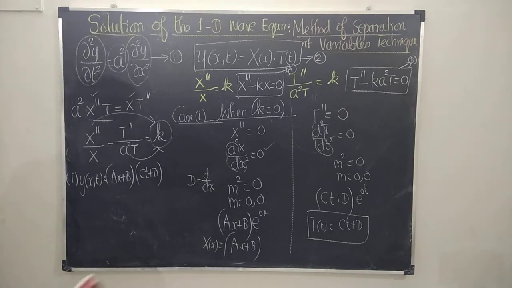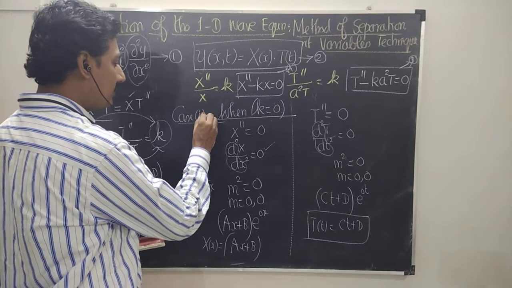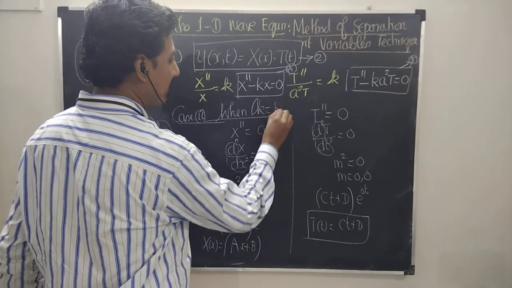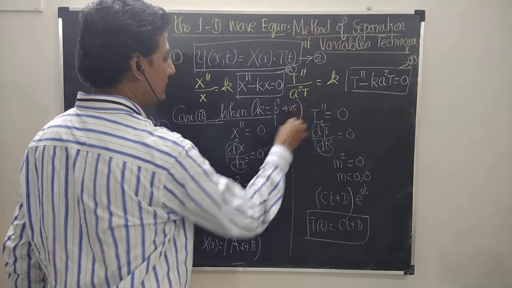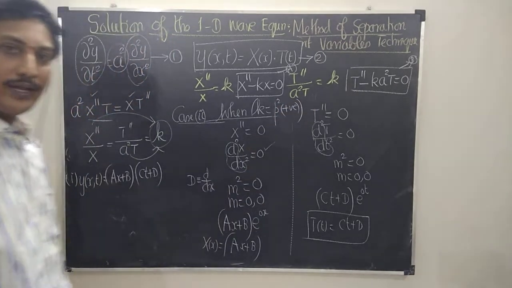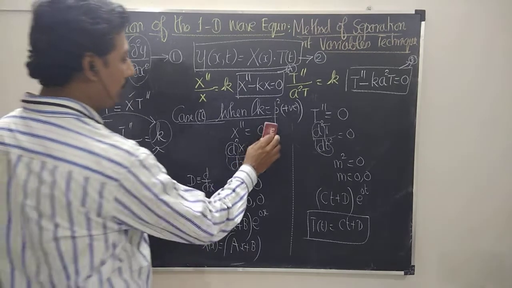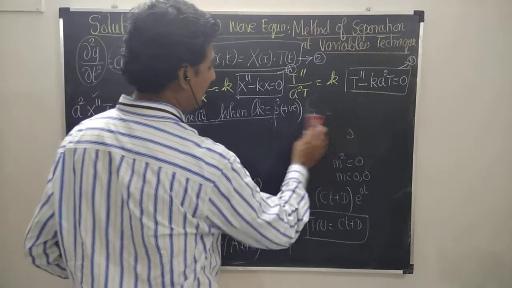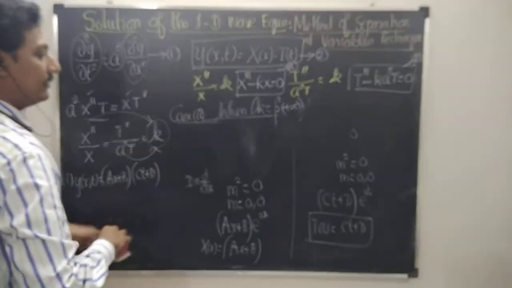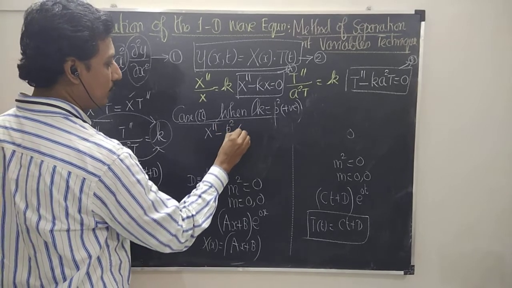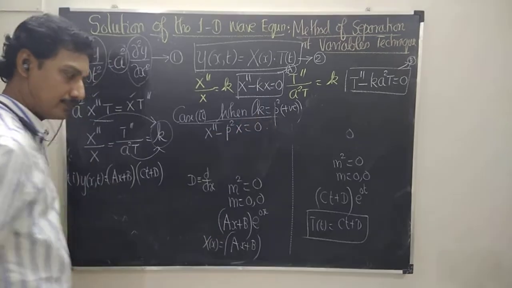Now what about the second case? I am going to consider the second one, for k positive. So k is positive, I assume that it is p squared, because p squared is always positive. So when k is equal to p squared, what happened? The given equation a becomes x double dash minus p squared into x equal to 0.